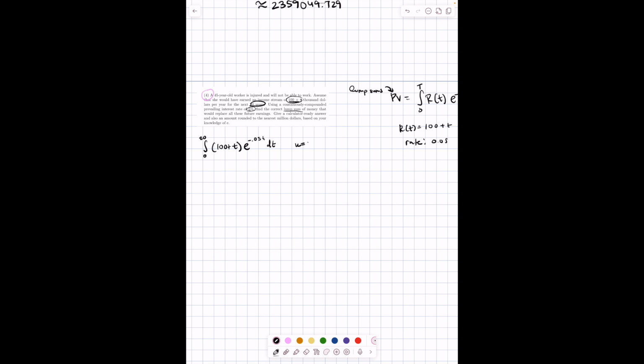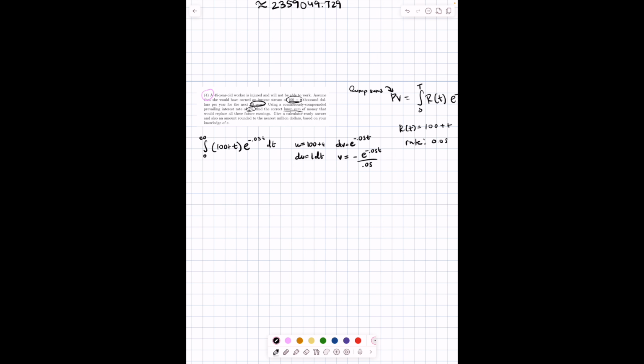So I'll let u equal 100 plus t, du is equal to 1 dt, dv is equal to e to the negative 0.05t dt, and v is equal to negative e to the negative 0.05t over 0.05.